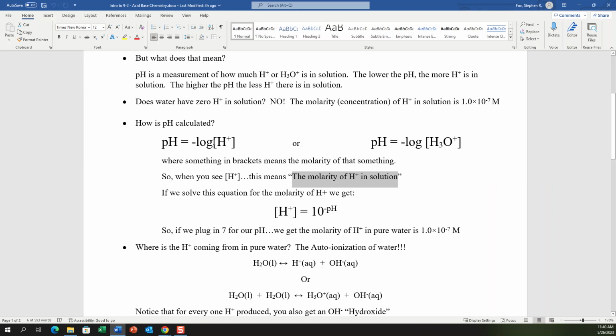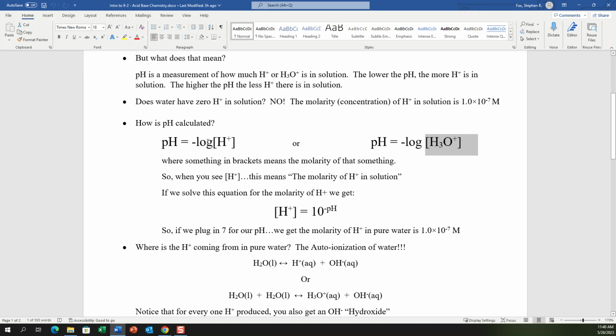So what this is telling us is if I want to calculate the pH of a solution, all I have to do is on my calculator hit negative log, and then whatever the molarity is of H plus or hydronium, same thing, if I know what that is, the negative log of that number is going to be the pH.